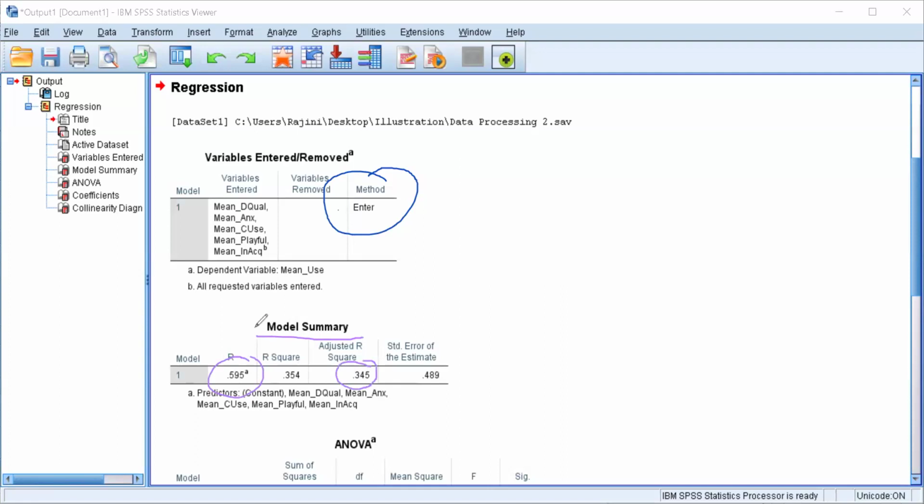R tells you that in 59% or 60% of the world, which represents your universe, in that 59% of the times your research is relevant.